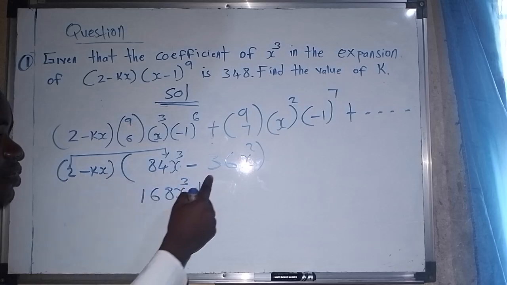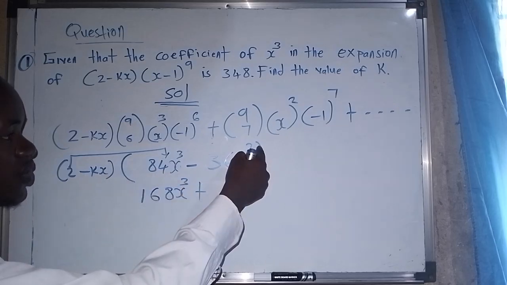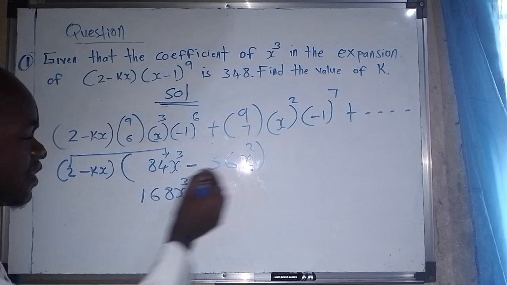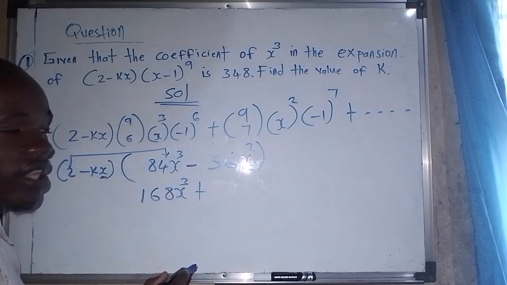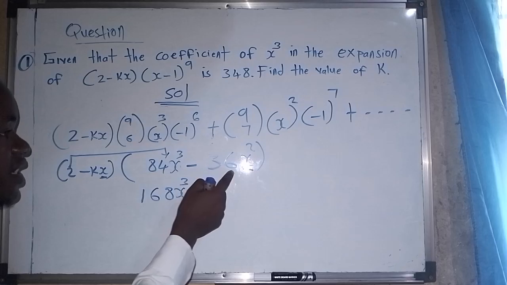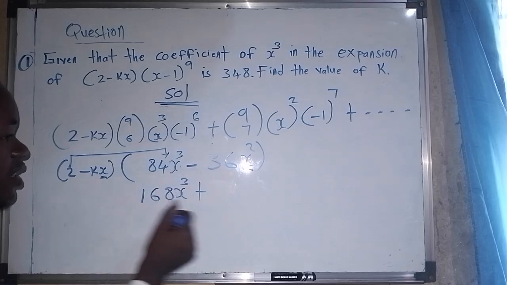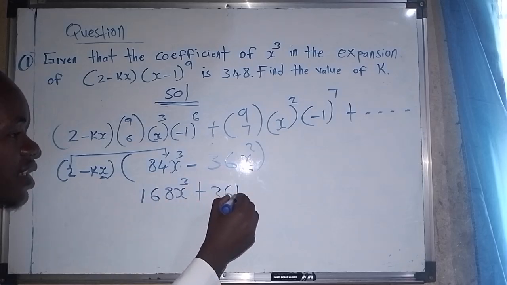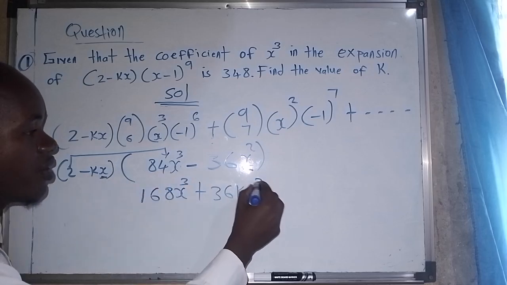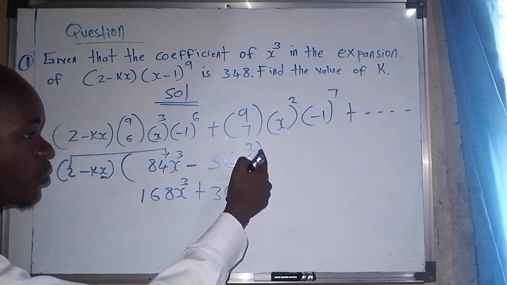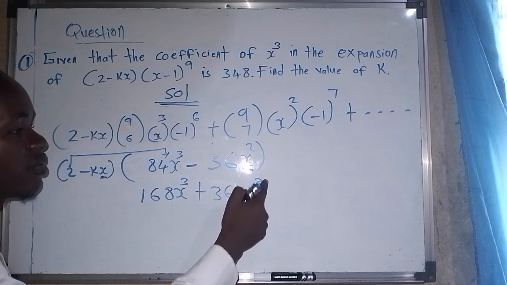Kx times 36x power 2. So this x and this x will give me what? X power 3. You see that? Then this 36 times k, I will get 36k. Then this x power 2 times x is x power 3.